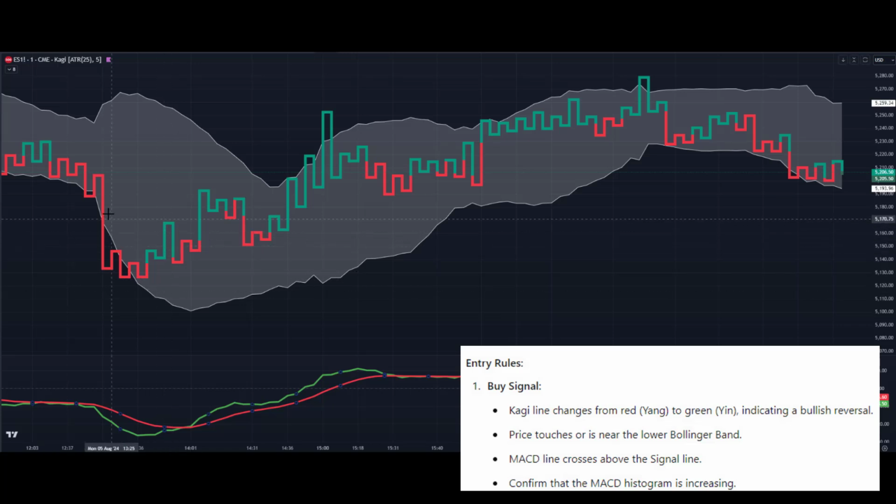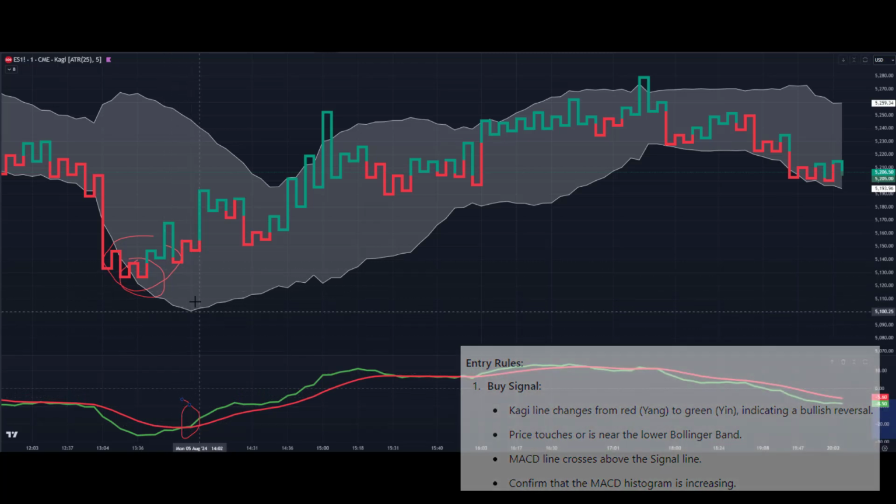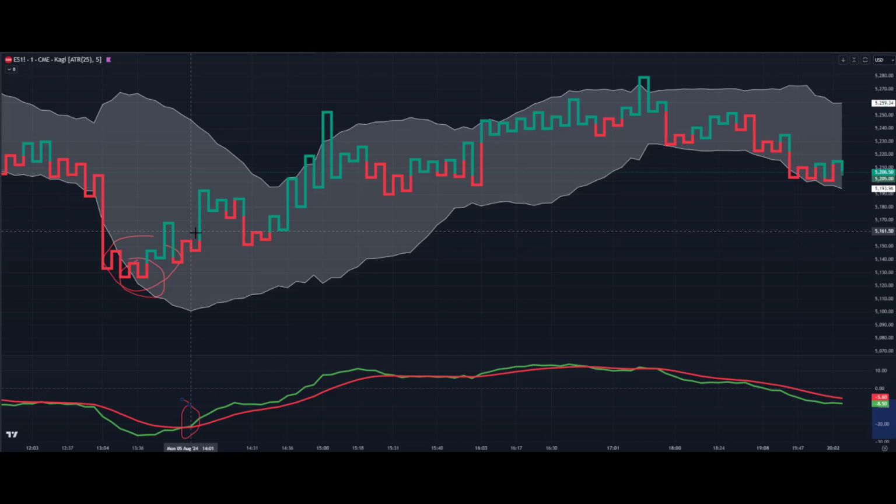So we were looking for a change from, say, for the bullish one, from red to green. So here we go, we got one down here, and we want the price to be touching or close to the Bollinger Band, which we've got here, and then we confirm by waiting until the MACD crosses the signal line, and that happens in there, which gives us our entry around about here.